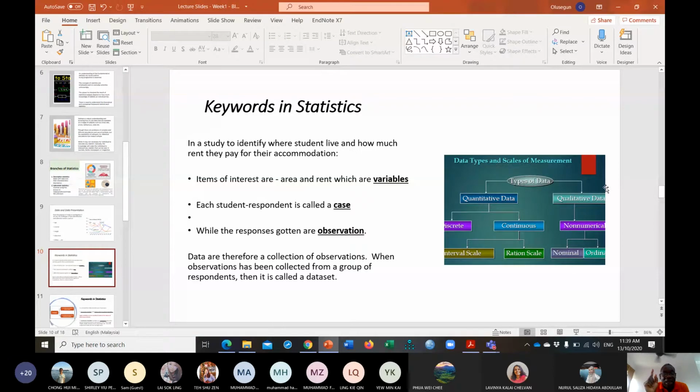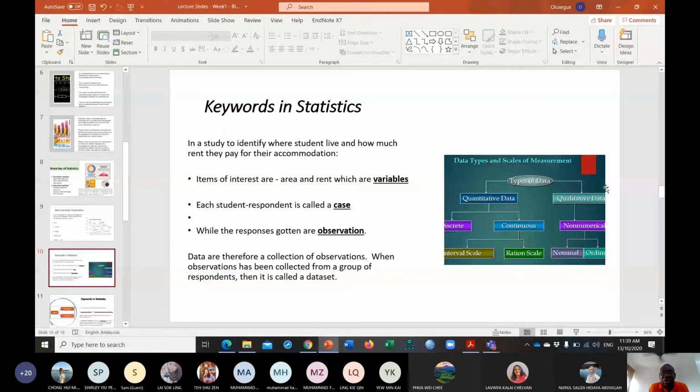That means that is a case. While the responses gotten from all these cases are called observations. So these are key terms that can come up in statistics. So you should know what a case is, what variables are, and what we regard as observations.